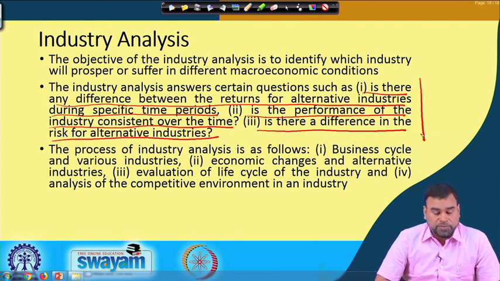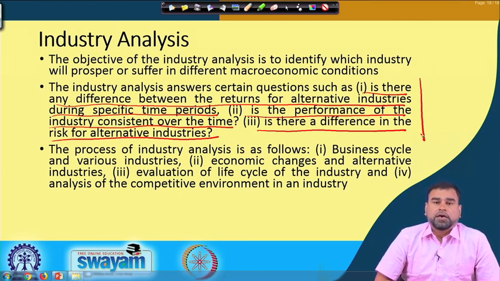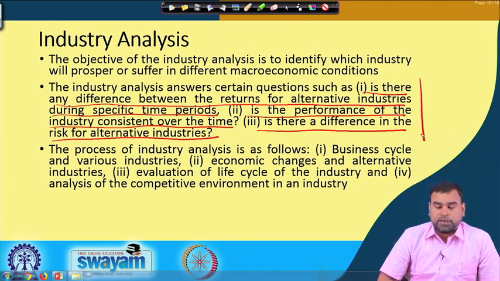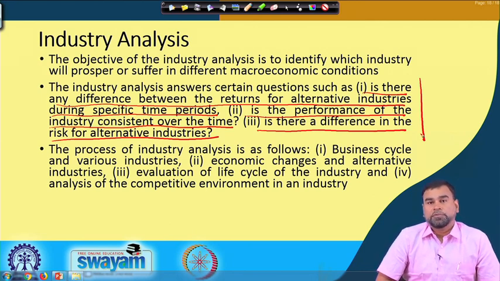What kind of industry should we always consider? For example, some industries are totally not affected by the business cycle. Any kind of problems in the market happen, they are not affected. Take the example of the pharmaceutical industry.